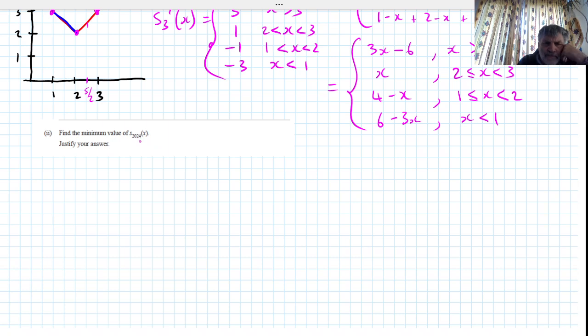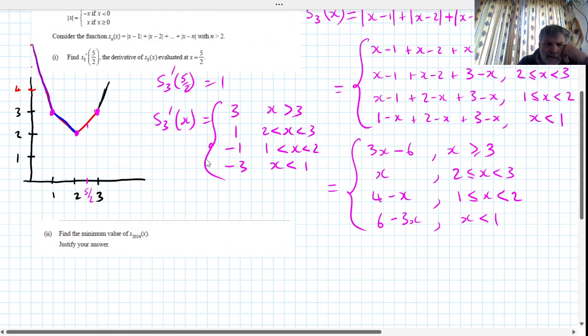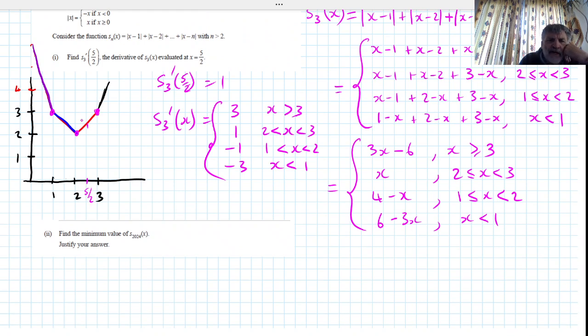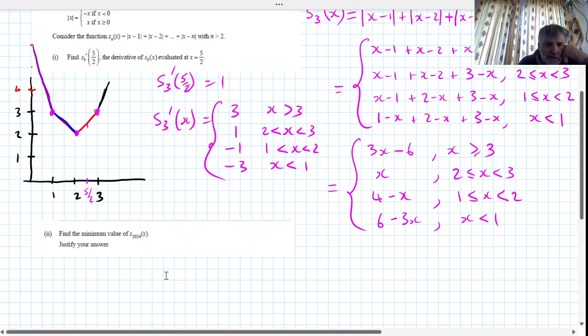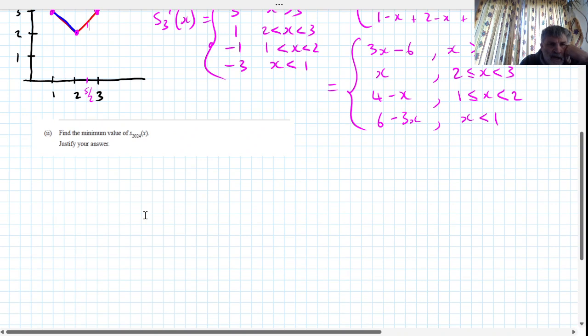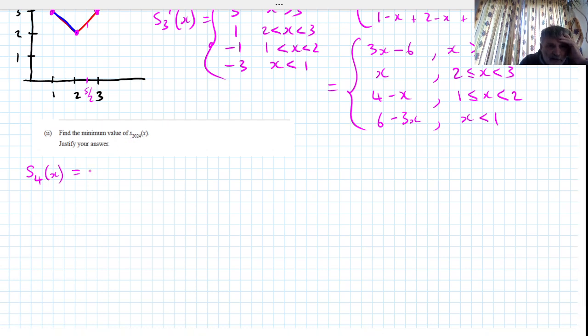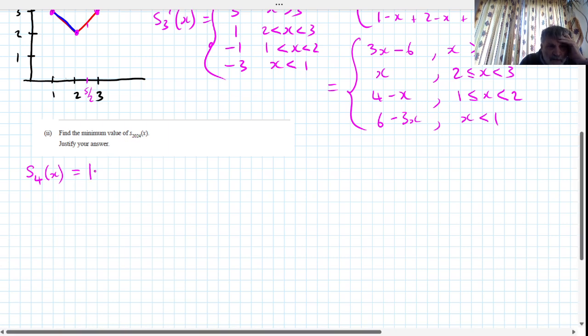This sort of thing, partly the motivation for writing out more than I needed up here was so you could see what happened for S3, and I am going to propose to look at what happens for S4, and I think just from those 2 examples we'll see a pattern that we can generalize for other values of the subscript, and we will be able to reason what the answer should be here, the minimum value.